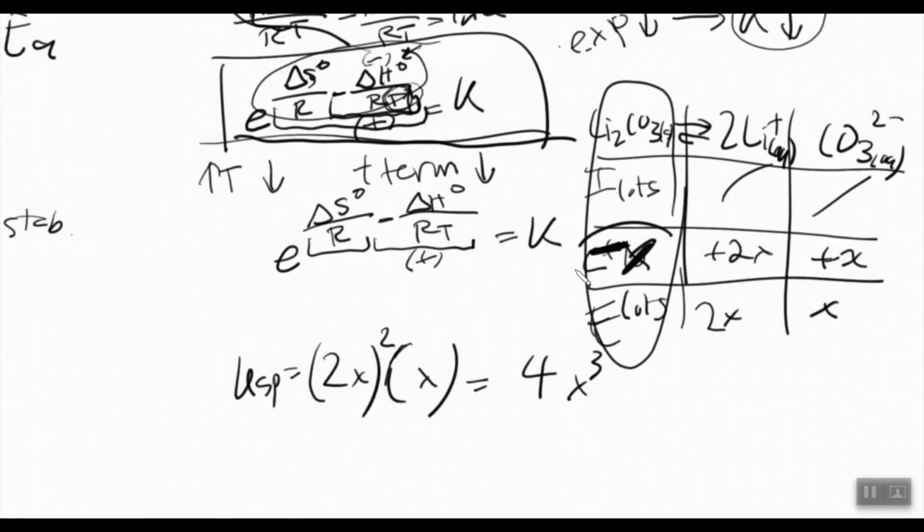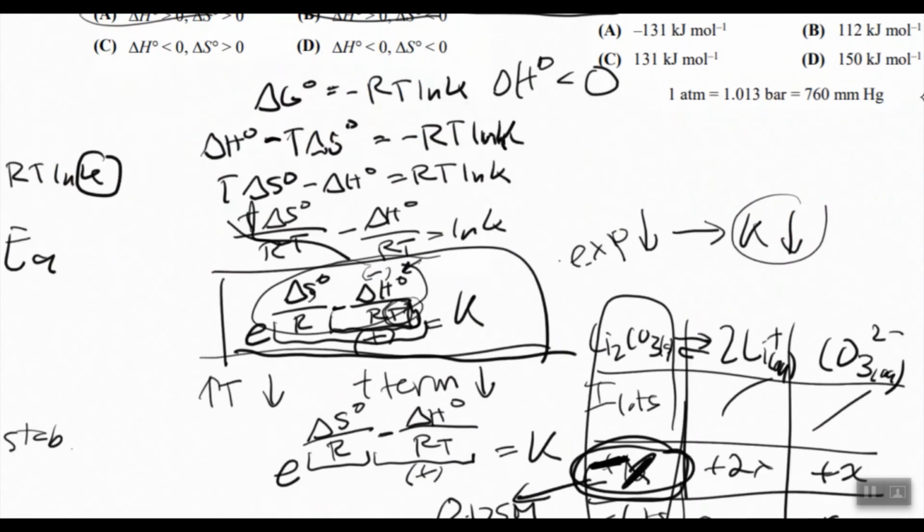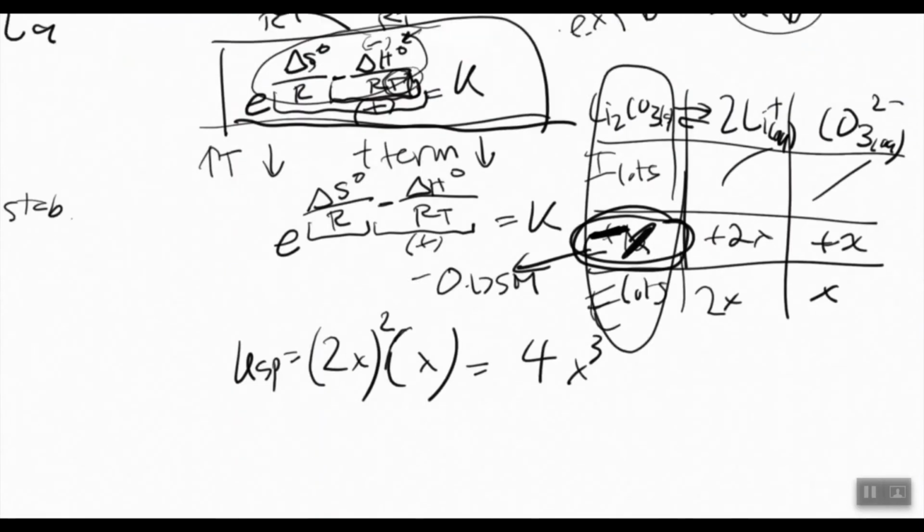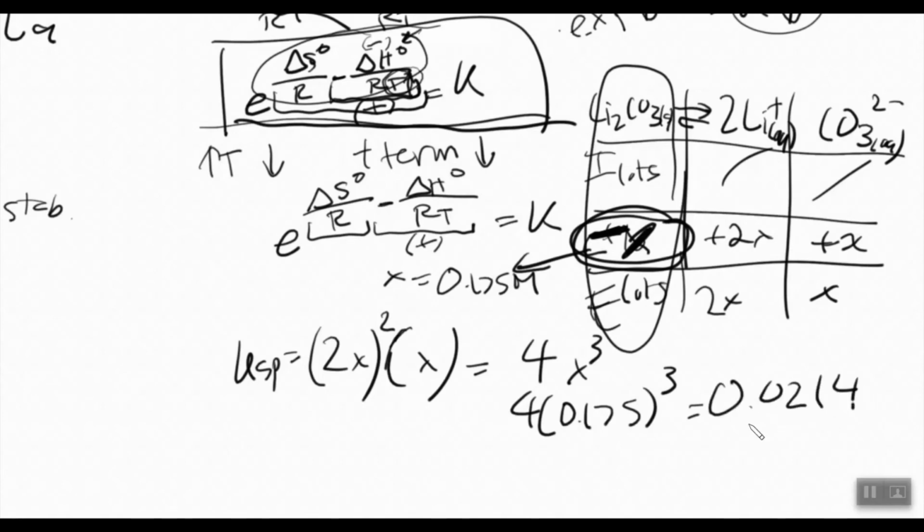And look at that. That's the amount that dissolved. So they're saying that basically 0.175 molar of the lithium carbonate dissolved. So our x is going to be 0.175. 4 times 0.175 cubed is going to be 0.0214.